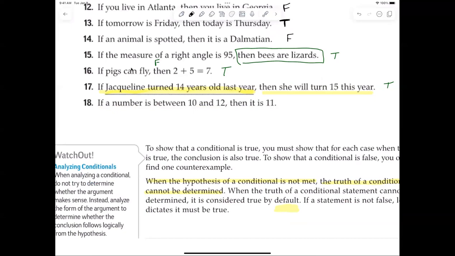No. Yeah, I definitely see that can be false, because again, it doesn't have to be 11. It could be any number between 10 and 12. Agreed?